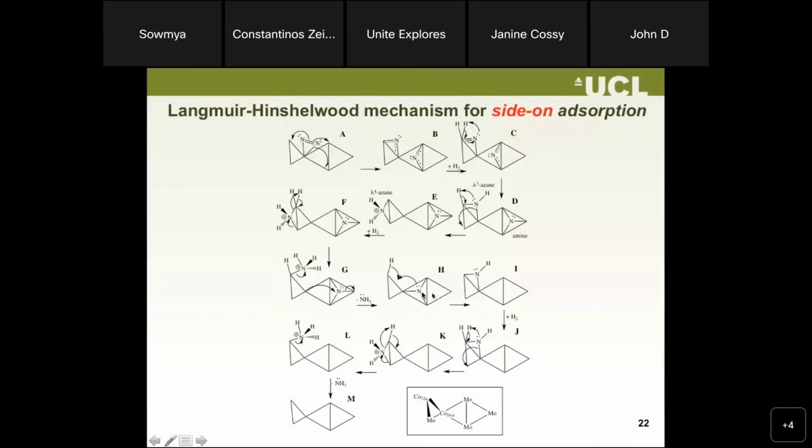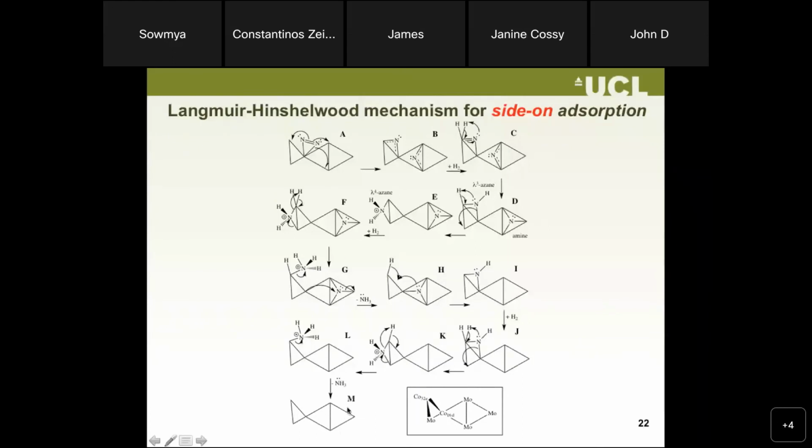And then the hydrogen further reacts with the nitrogen nitride that is present on the surface, producing NH first, then NH2, then NH3, which also dissolves from the surface, freeing up the catalytic site.